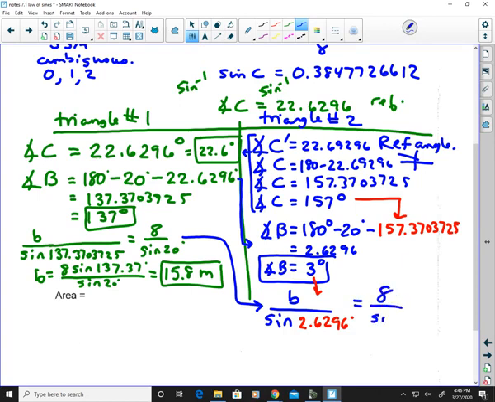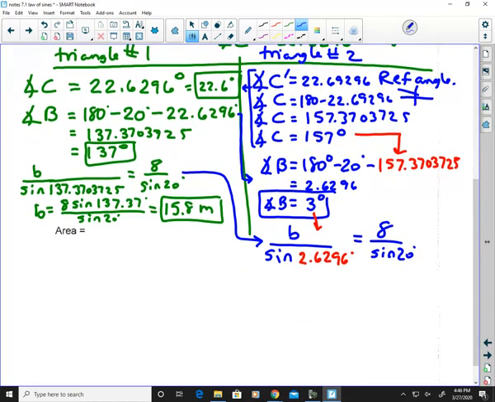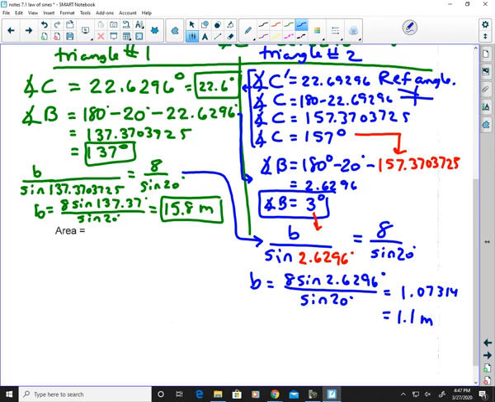See how that's staying the same? Sine of 20 degrees, 8 over sine of 20. My side B will be, and so my side B is 1.073. So let's call that 1.1 meters. And that is side B.